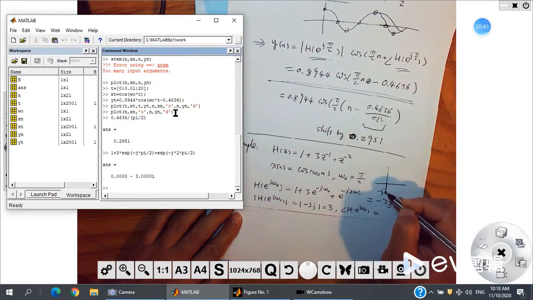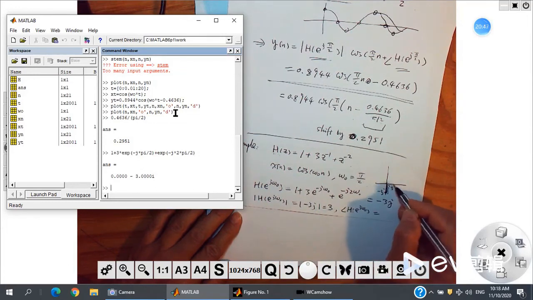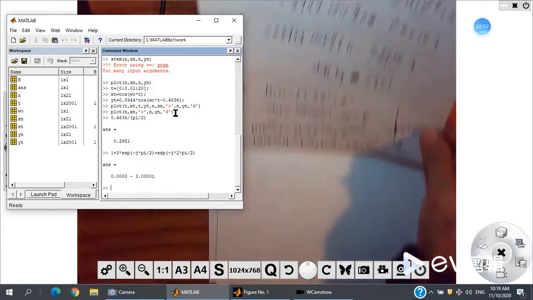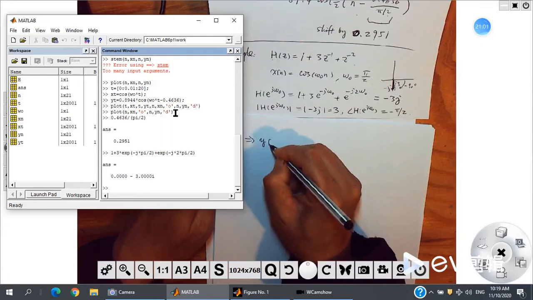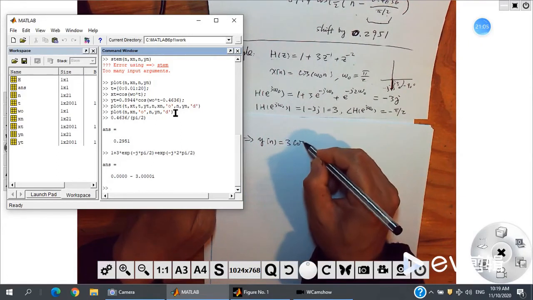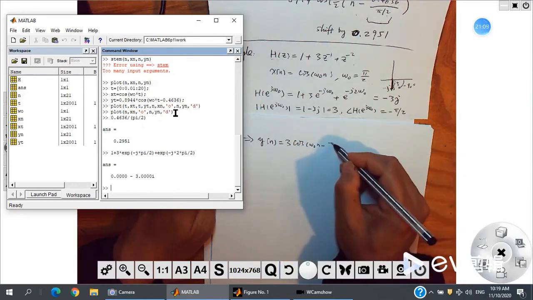So the length is the magnitude, it is 3. And the angle will be negative 90 degrees. Right? So it's negative pi over 2. This is the angle. Okay, so we have y of n equal to 3 cosine of omega 0 n minus pi over 2.